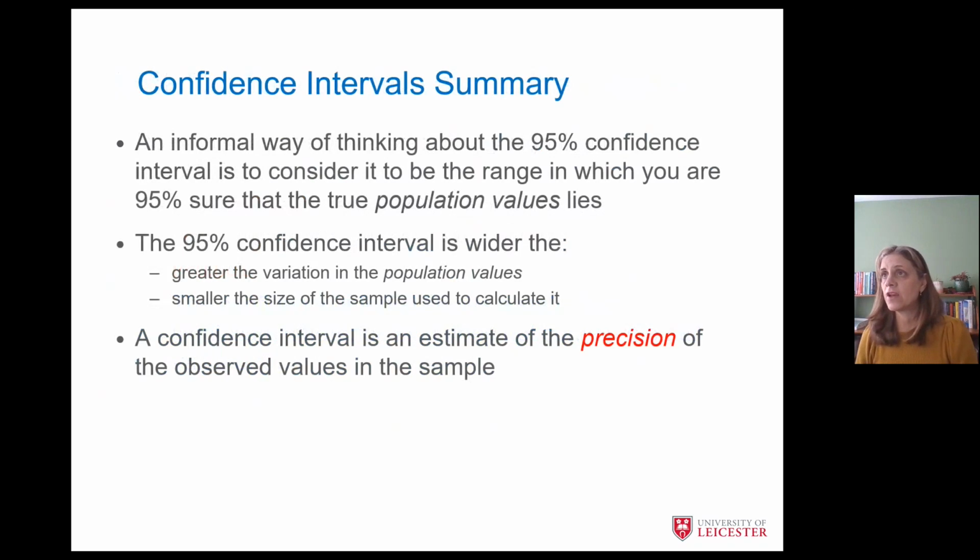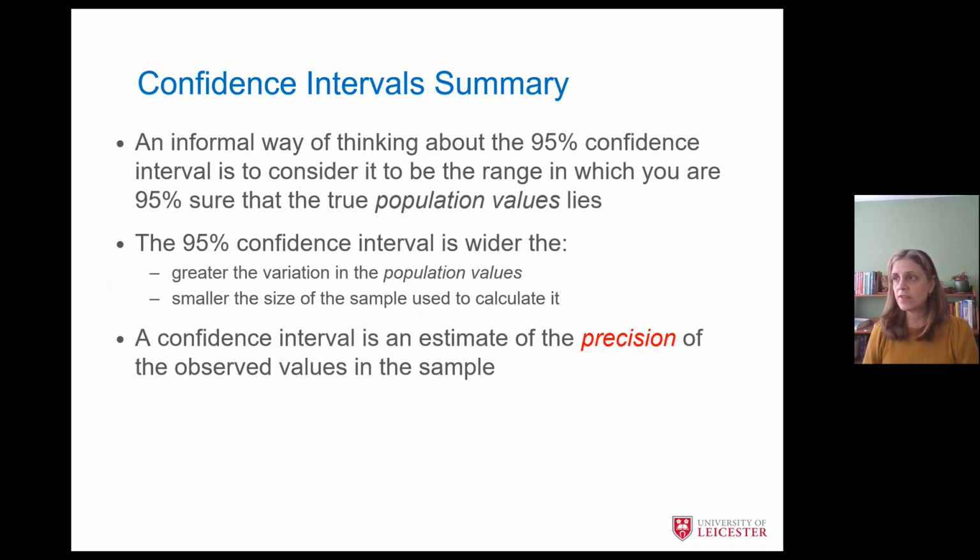So just to summarise confidence intervals, because they're really useful to consider when you're reading the research literature and when you're producing results. An informal way of thinking about the 95% confidence interval is to consider it to be the range in which you are 95% sure that the true population value lies.